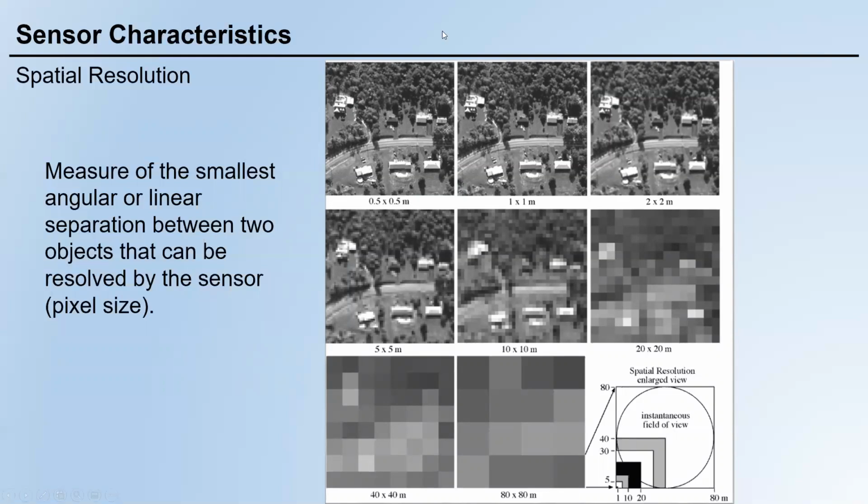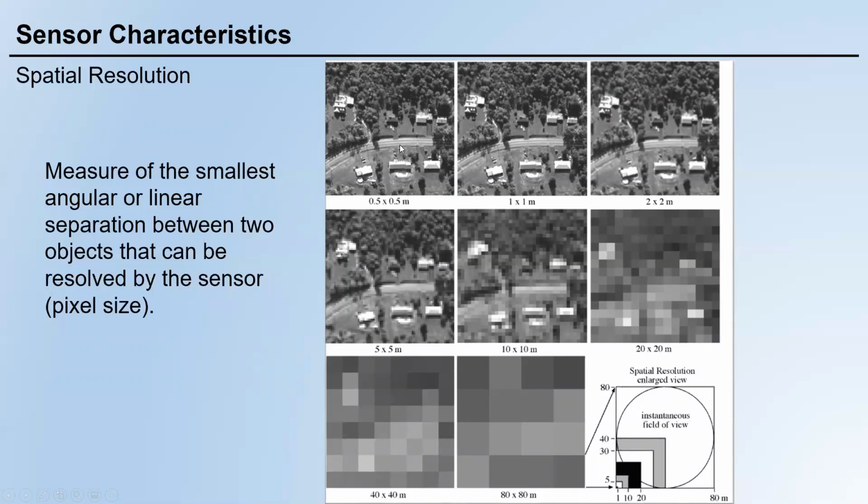So examples here: 8 images for the same area in the real world. The first image here is very clear. We can see trees, tree canopies, road, and the houses, and we can also observe the shadows of vegetation and houses. We can also see there are cars right in front of houses.